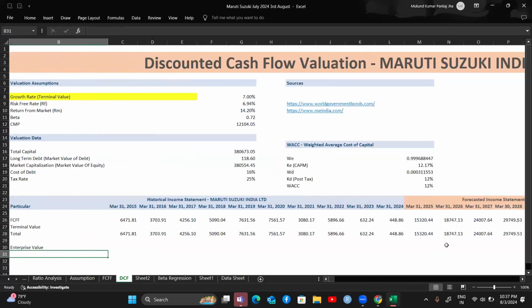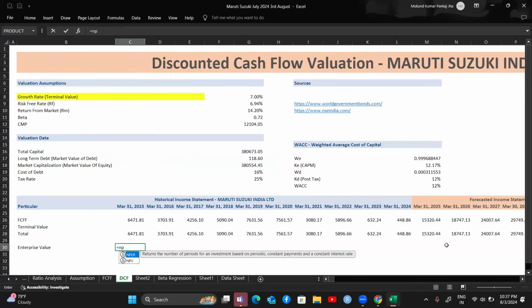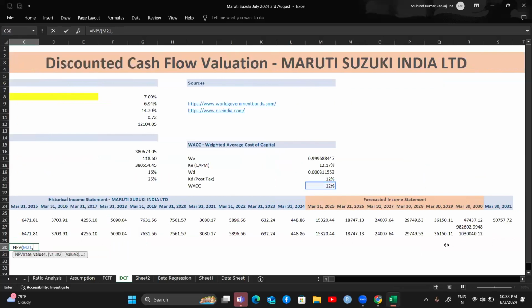Now, I am going to calculate NPV, net present value. The rate would be WACC, comma, value 1. This is my value 1. Value 2. I could have directly dragged it as well, but still, the syntax says to put a comma, so a more professional way to do it is through commas only.